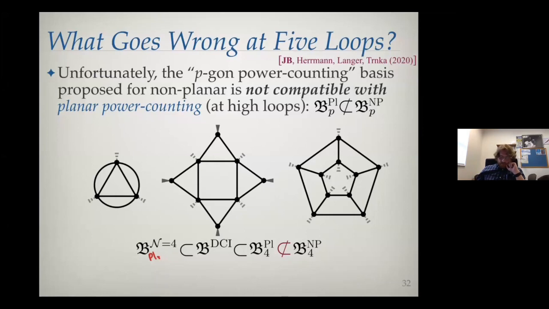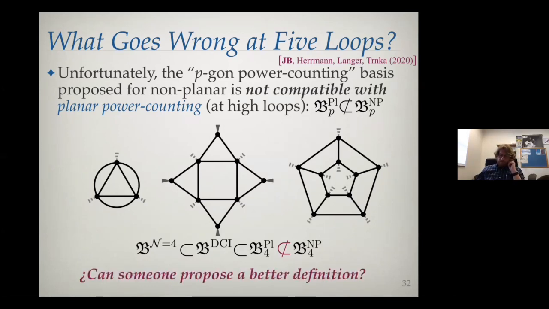So, said another way, the four-gon power counting basis that we construct would not represent n equals 4 amplitudes beyond 5 loops, and triangle power counting in our definition wouldn't represent n equals 4 amplitudes beyond 7 loops. So this is clearly an unsatisfactory answer. Although it does carve up the basis, the nice theory doesn't live at the top.